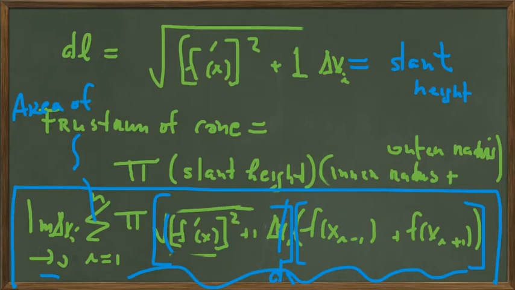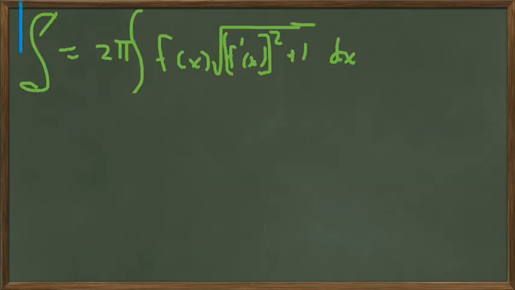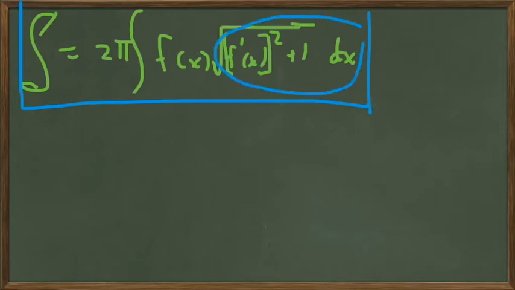So let's do that on the next blackboard. And so we have this surface area formula, which you see is very similar to the arc length formula. This part right here was exactly in the arc length formula, and the part that's new is this 2 pi f of x part. So let's apply this to example 4.